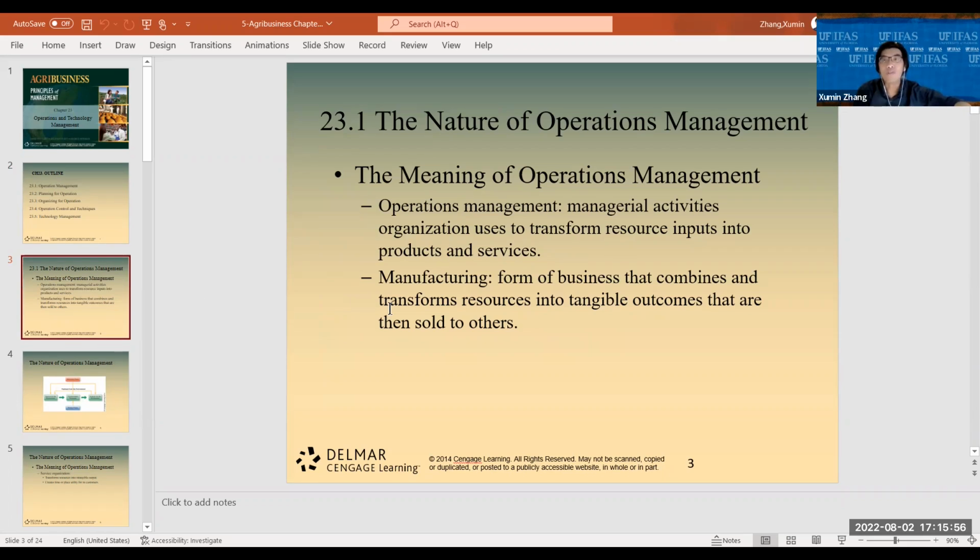Let's say the operational activity we use to transform resources, transform the input into the output, let's say products or service. Let's say a producer, we have the raw material, go through this manufacturing process. If we are in the service sector, we buy those goods, right? Pack the goods like a grocery store, and then you don't change it. They put it on the shelf and then you sell it.